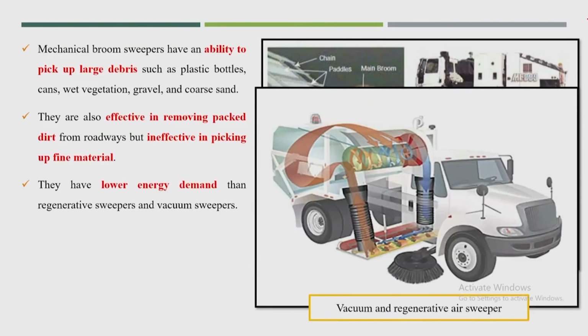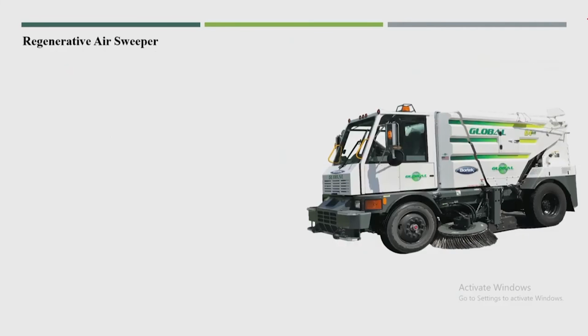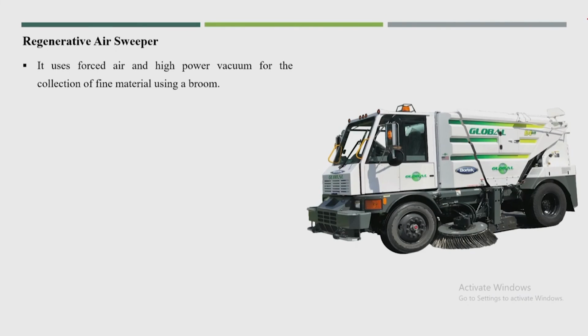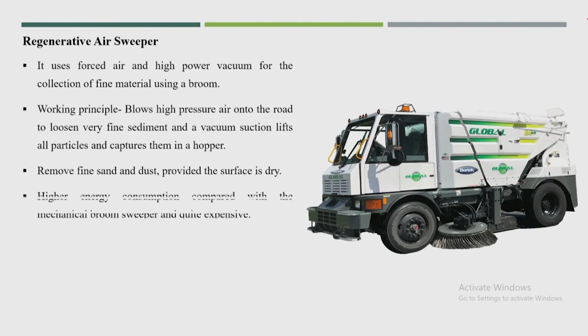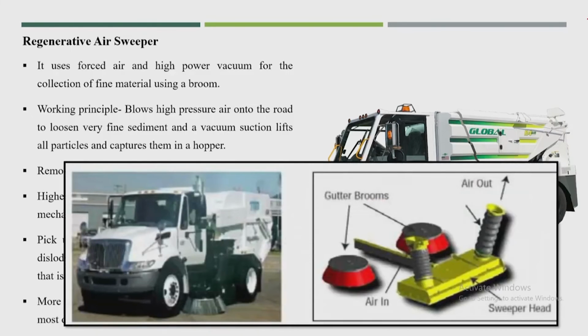And this is a vacuum kind of sweeper, where the entire inert material is vacuumed into the tank. This is also a regenerative air sweeper. This also we can use in some particular locations.